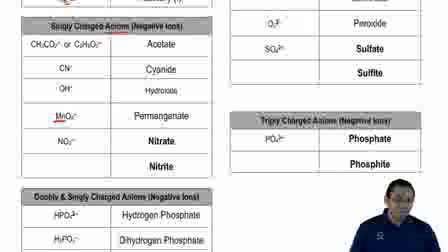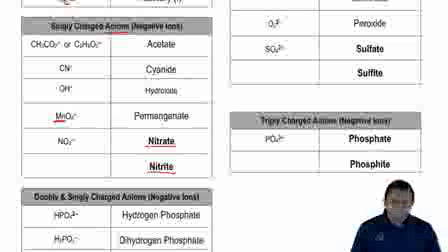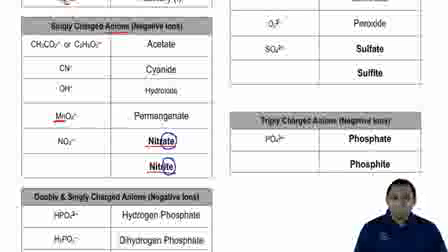Now, you might next notice that I put nitrate and nitrite in bold. And what we should realize is, what's the difference between the two in name? This has an ate at the end, but this has an ite at the end. How do we go from ate to ite? What we have to realize is this has to do with the number of oxygens present in the compound.